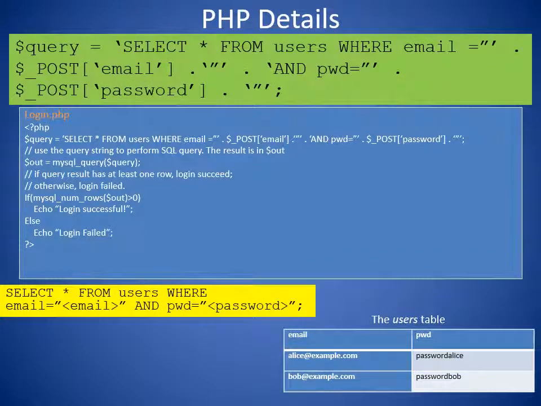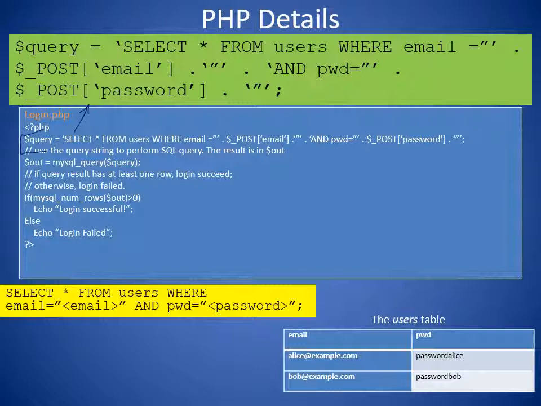To better understand the SQL injection, let's take a look at the details of the PHP syntax. The trickiest part of this PHP statement is the first statement, which generates the query string. So we isolate this first statement and put it here so that we can better discuss it.